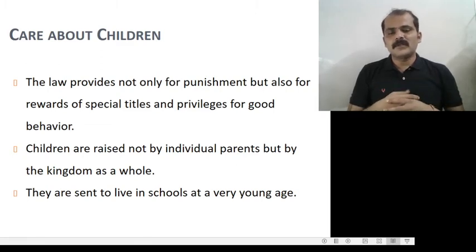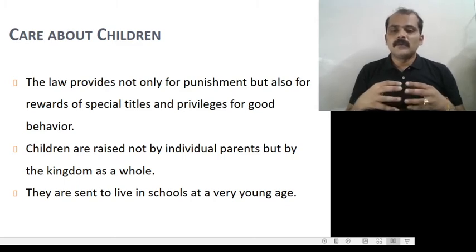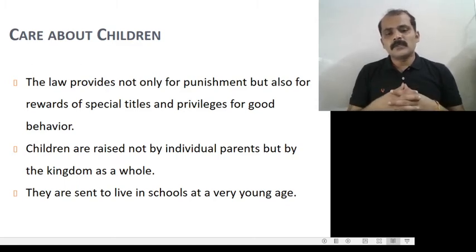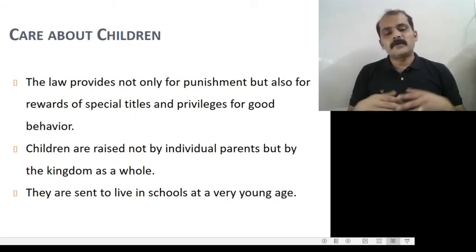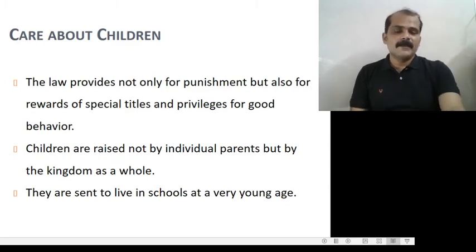That is a good concept. They are sent to live in schools at a very young age, and the government looks after them like this. These are the things that happen here about the children.